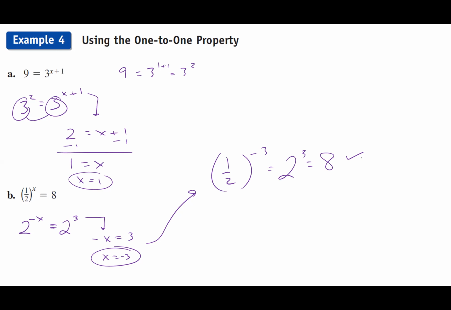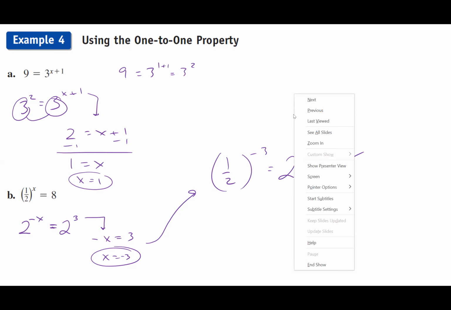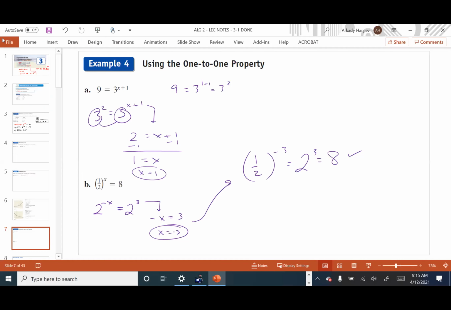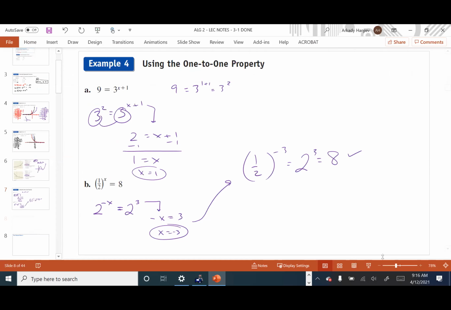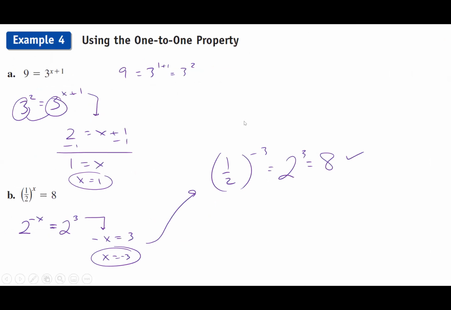Let me check something. Okay, we should do this one as well here. So let's graph one more before we quit for the day. I'm going to say this is example number 5.